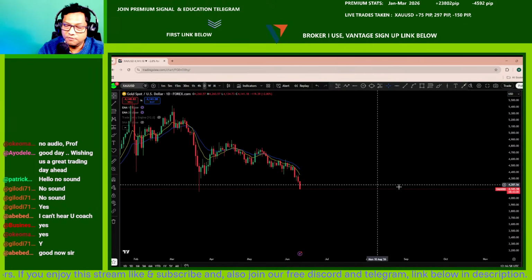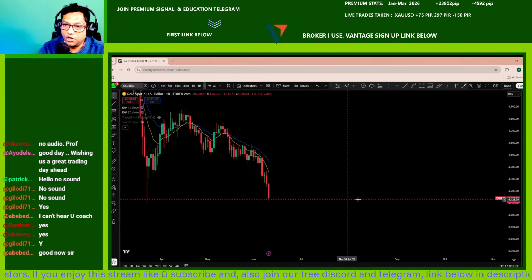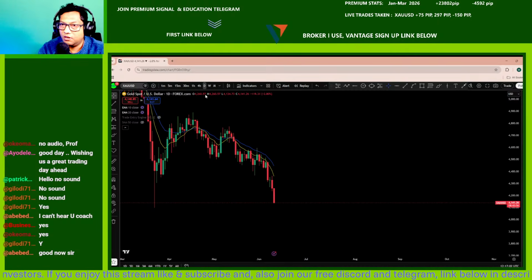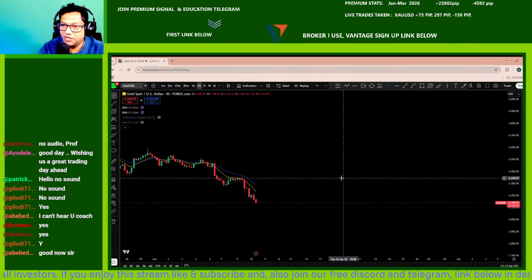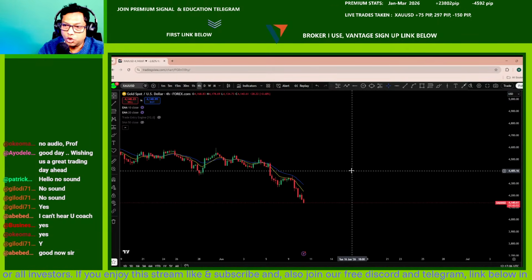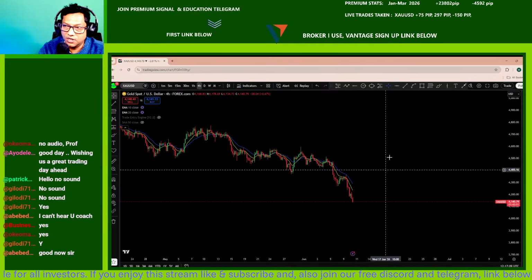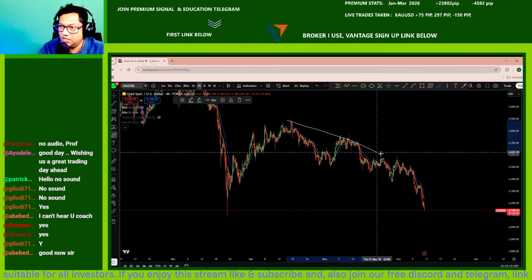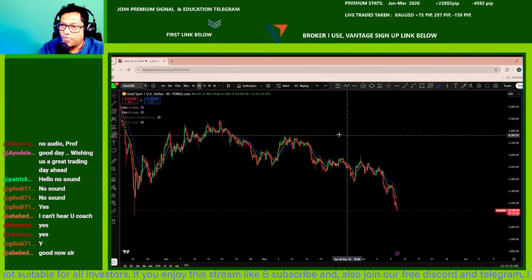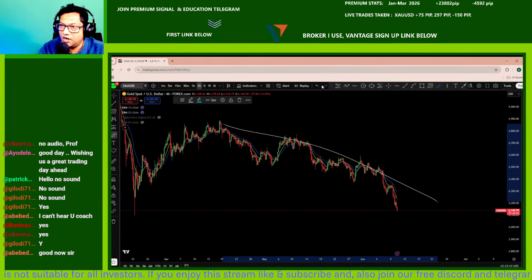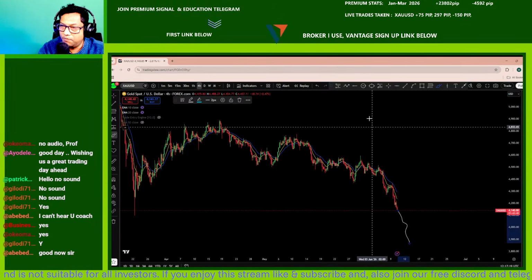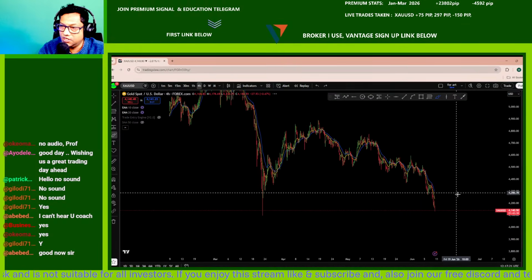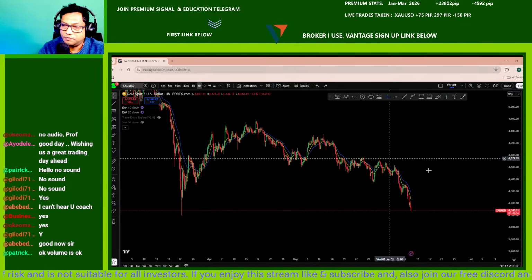And on the 4-hour perspective, the price action shows it is in a downtrend overall. This is a resistance line, and off this resistance line the market may break below.